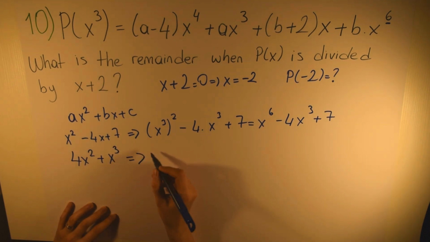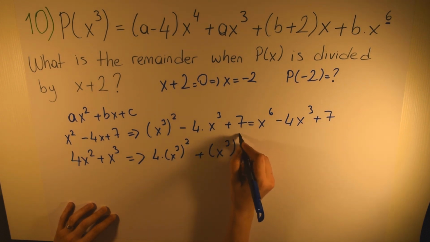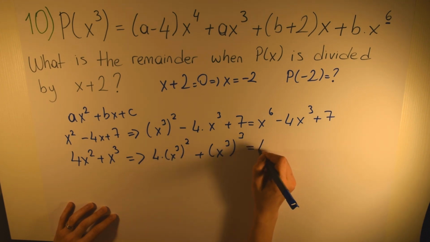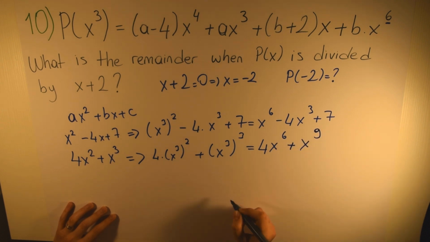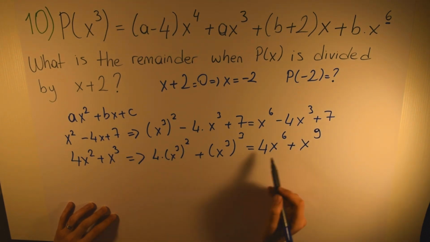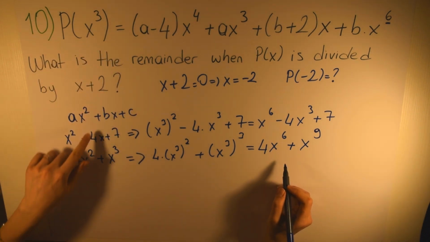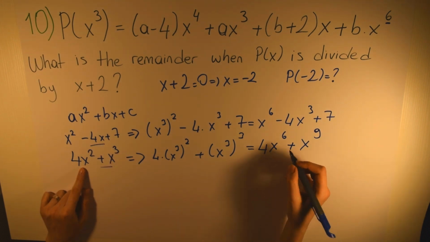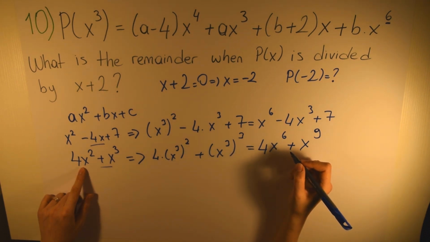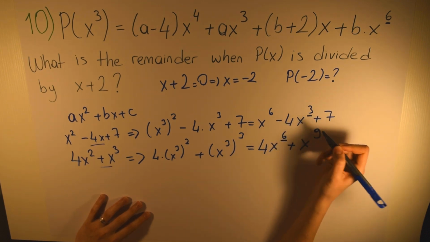When you put x cubed instead of x, again here, to the power of 3 is equal to, this is going to be 4x to the power of 6 plus x to the power of 9. As you can see, whatever polynomial you have, whenever you put x cubed instead of x, you will always get variables with powers of 3 or 3 times something, as here, like we get 6, we get 3, we get 9.